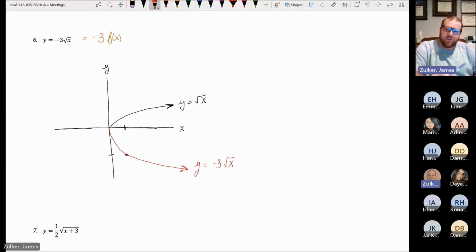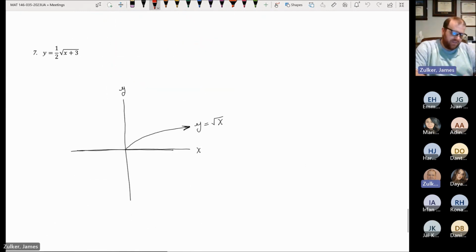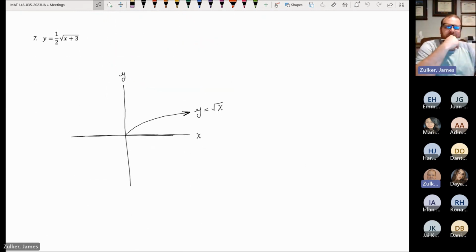One half square root of x plus 3. This would be what? 1 half f of x plus 3, wouldn't it? Again, f of x is the square root of x.